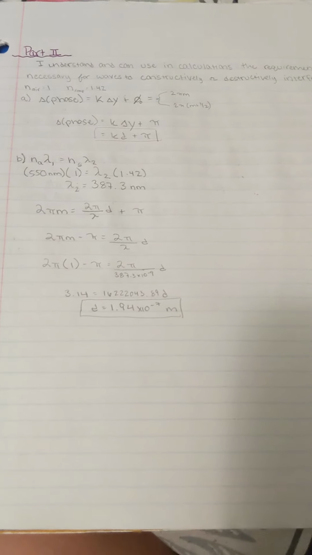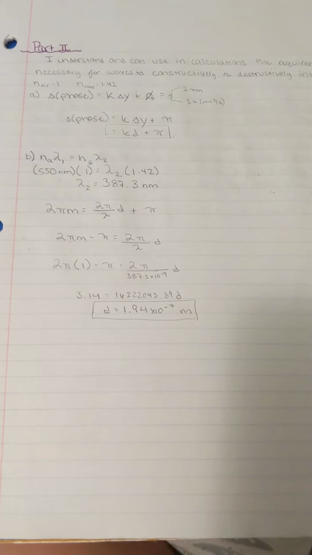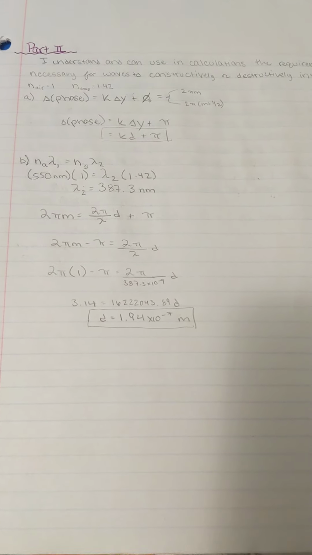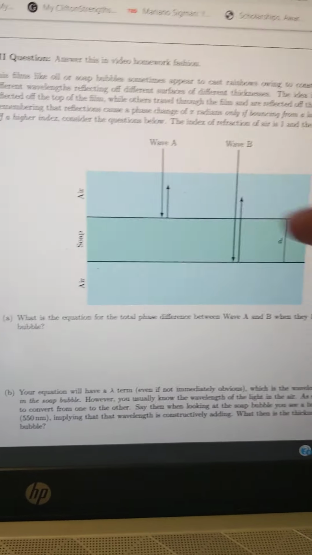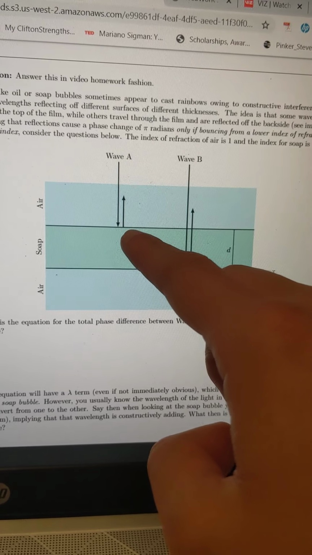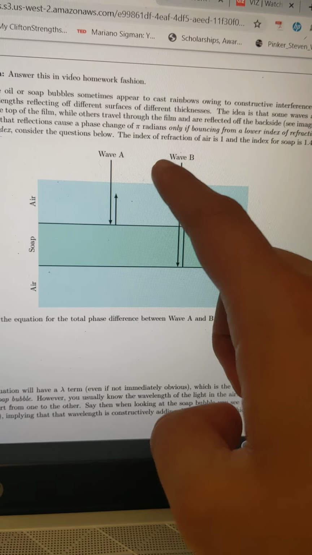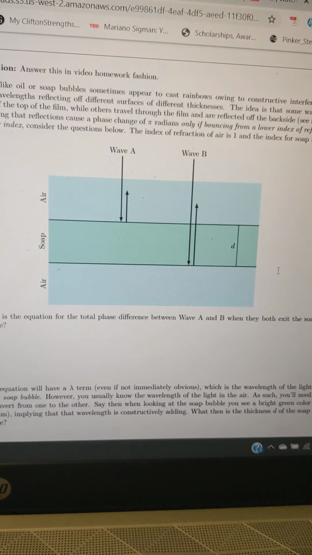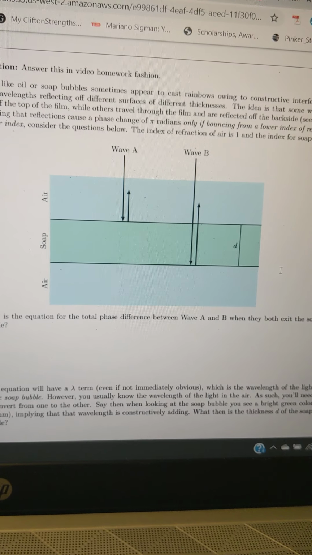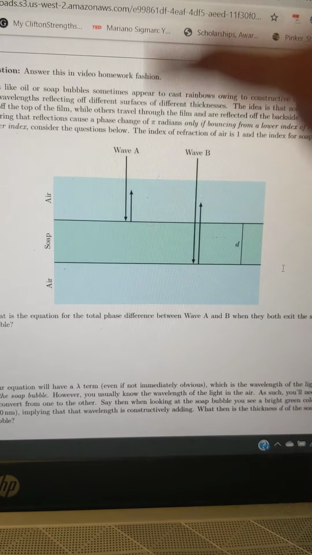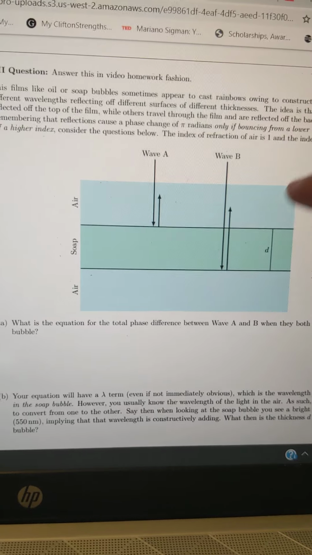So when it asks for the equation of the total phase difference between wave A and B, when they both exit the soap bubble, we see that wave A goes down through the air and then hits the soap and then comes back up. Since we know that the air has an n value of 1 and the soap has an n value of 1.42, we know that it bounces up exactly the same and there is no phase shift.